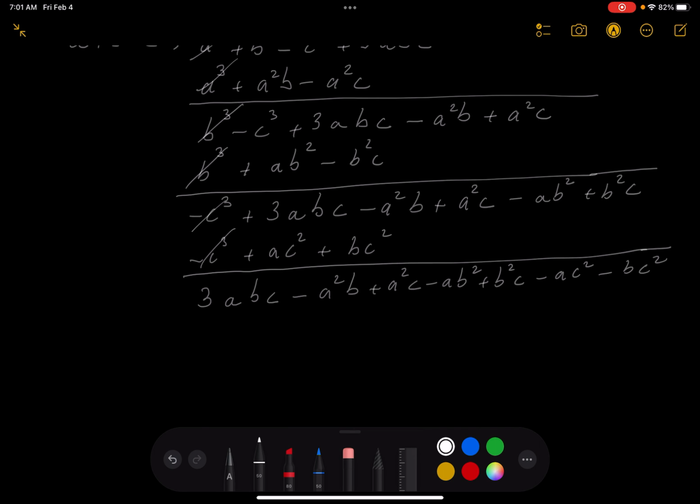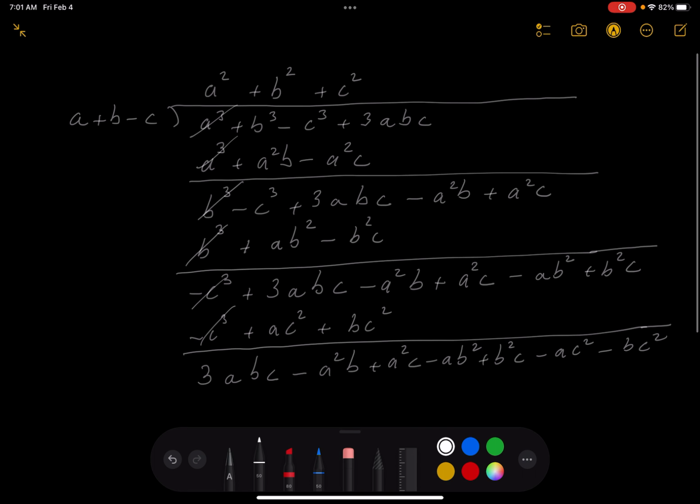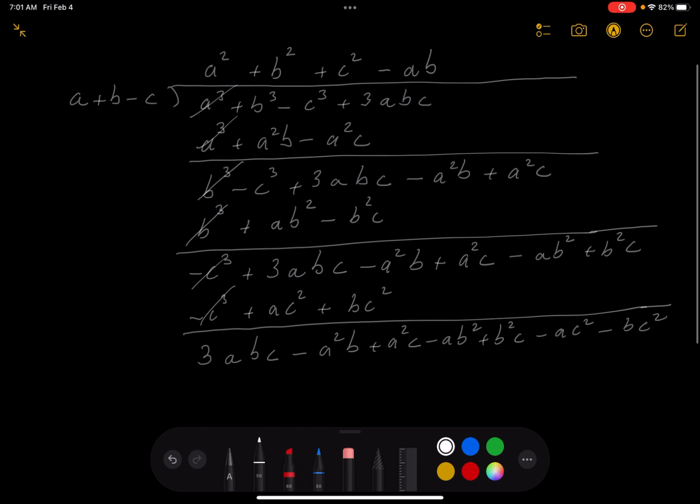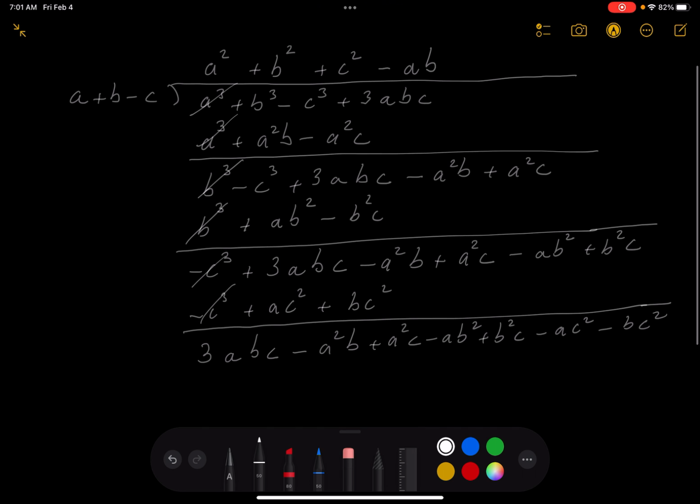Let's do some combinations. I'm going to write down minus AB now. All right, let's take a look. And if you did that, what would you get? Well, you would get minus A squared B. And then you would get minus AB squared. And then you would get plus ABC.